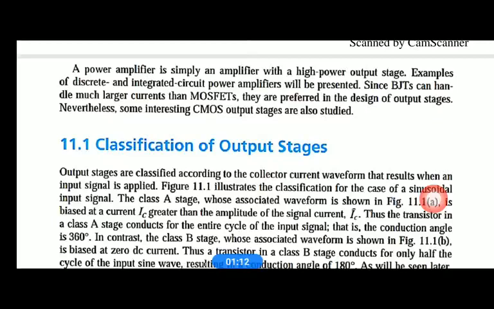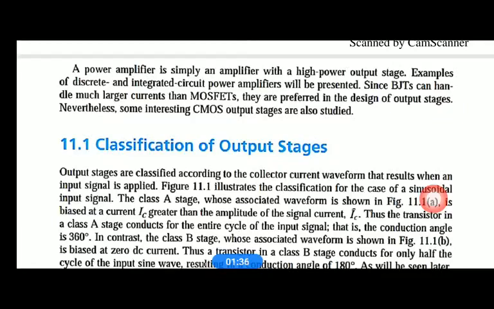To drive the speaker we require a high power amplifier at the output stage, which gives a high power signal to the speaker to drive it.